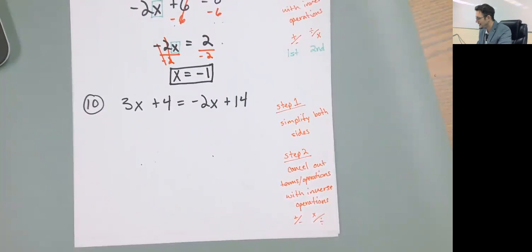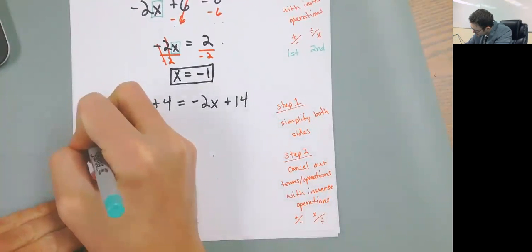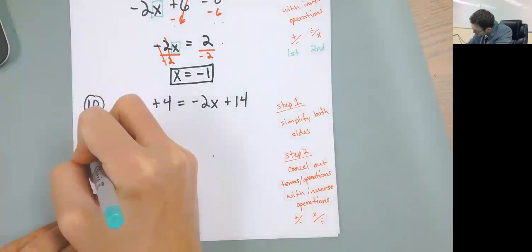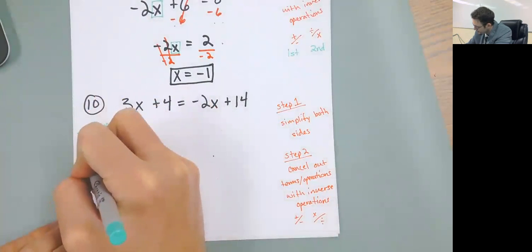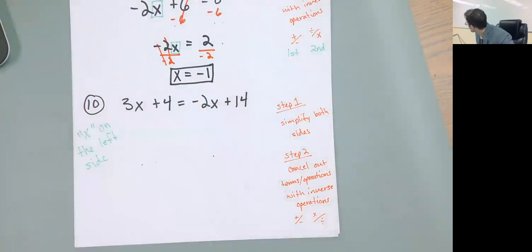So I choose the left side. So I always like to get x on the left side. All right. I might need to choose a different, let's just choose a different one right now.